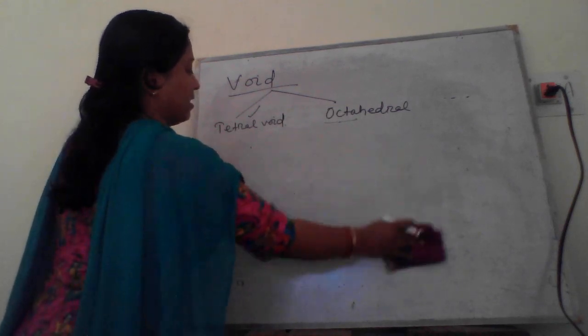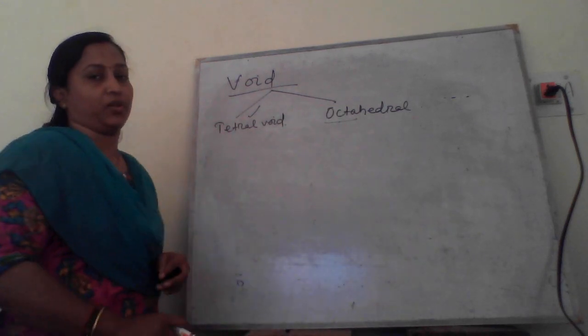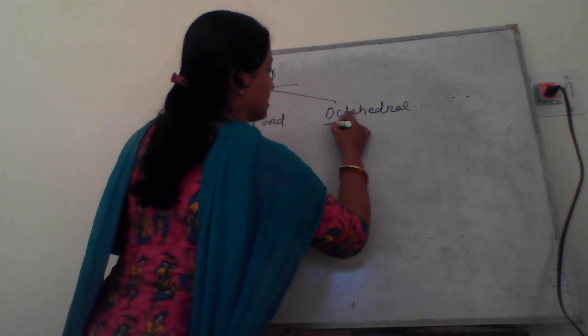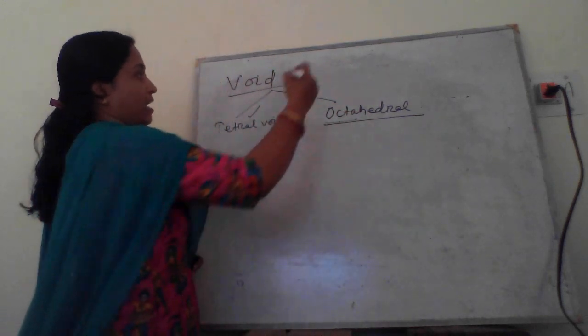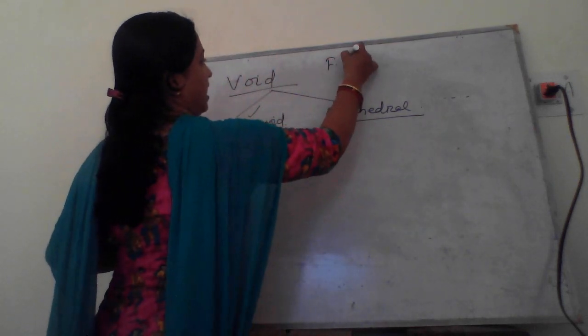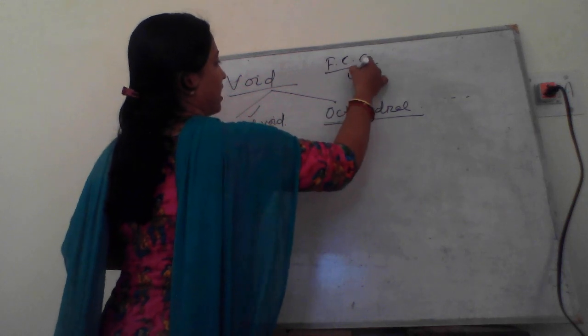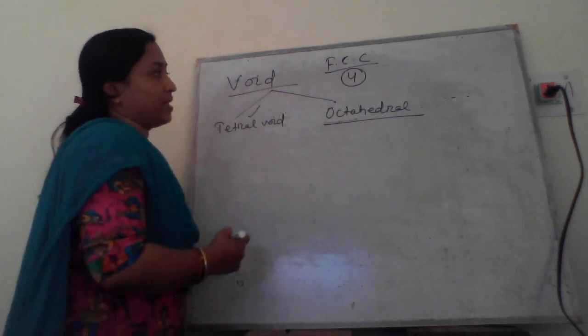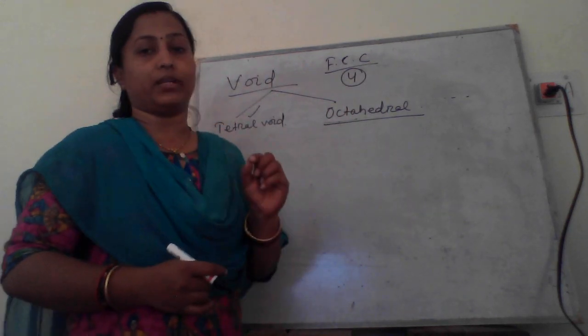So let's see how these voids are formed. In FCC arrangement there are 4 atoms present in each unit cell.